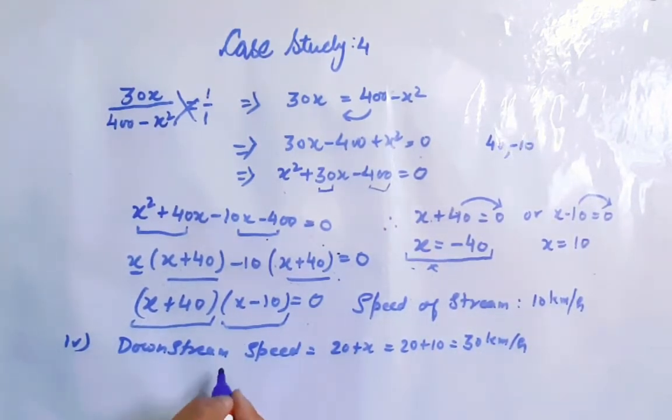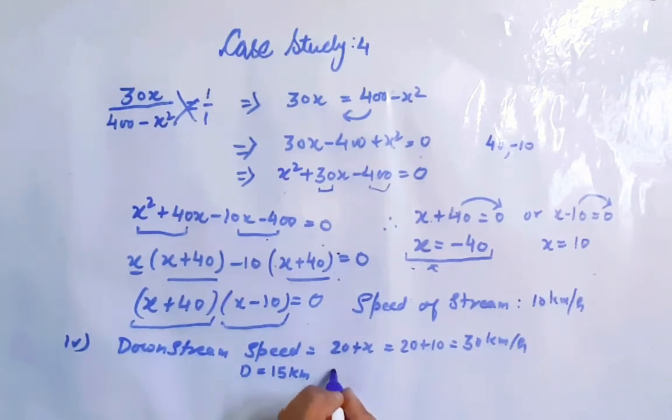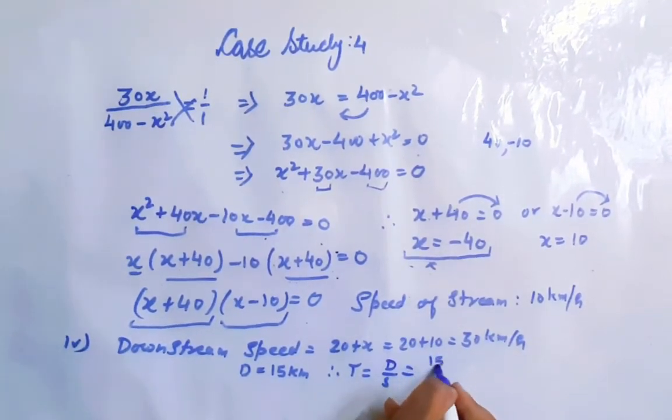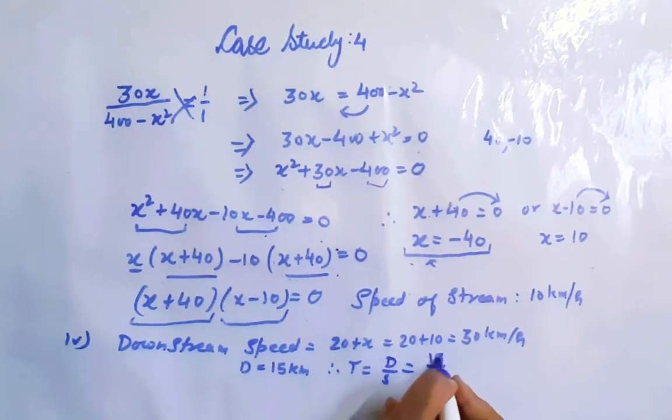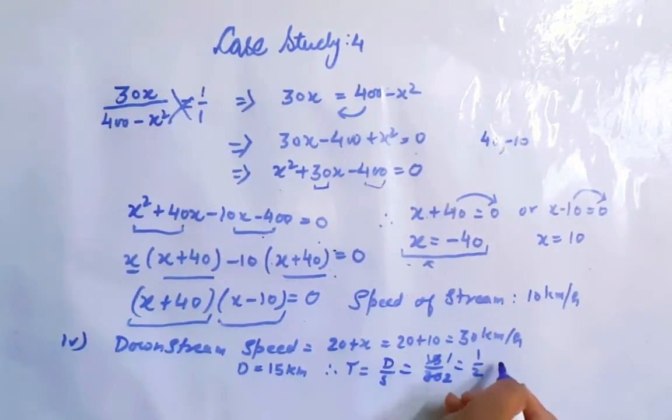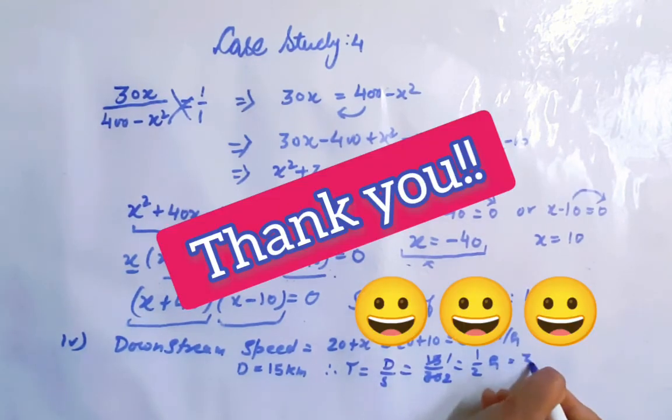And the distance was 15 km. Therefore, time will be distance upon speed, which is 15 upon 30. This is 1 upon 2 hour, or you can say 30 minutes.